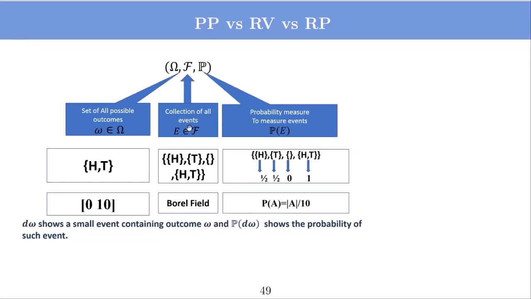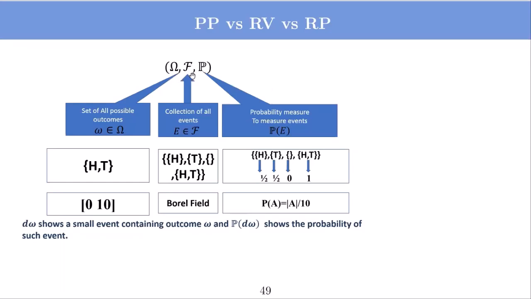This is a collection. Each element is an event, and each event, as you know, is nothing but a subset of capital omega, because this E is nothing but a set of outcomes. And now the probability measure is just a function from F to the real line, F to [0, 1].